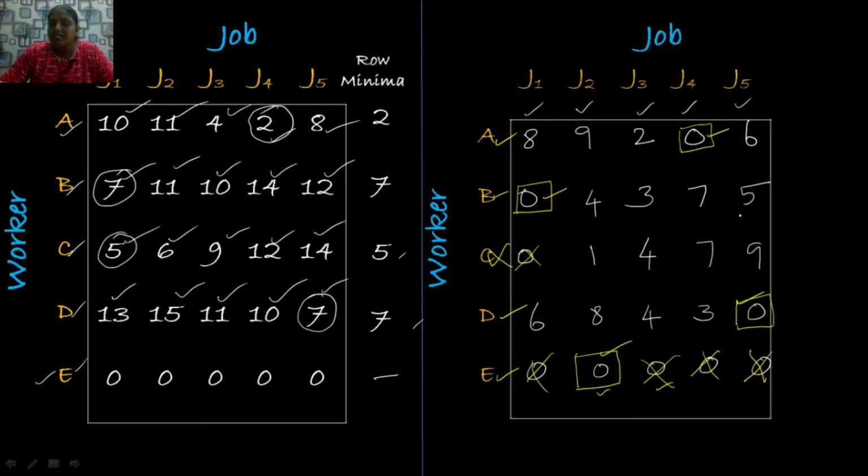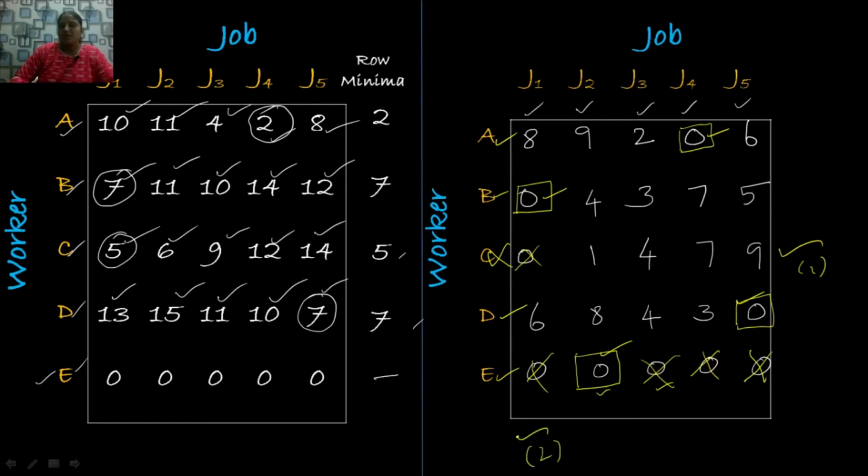In the next step, what we are going to do is draw a minimum number of straight lines which cover all 0 elements. For that, let me first mark the row which doesn't have any assignment. This is my first step. Mark the row which doesn't have any assignment. After marking this row, look at whether there is any 0 element. Here there is a 0 element. So you mark that column.